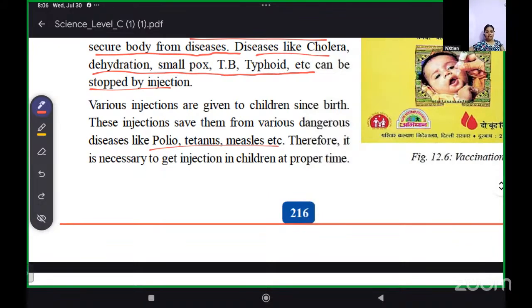Now, children since birth are given injections or vaccinations so that when they grow up, their body can resist certain diseases such as polio, tetanus, measles, and all. Therefore, it is necessary to give injections to children at the proper time.